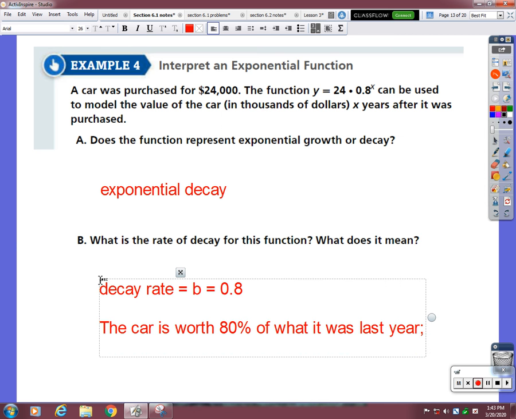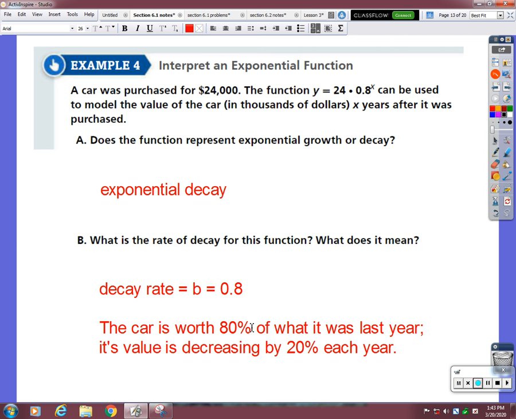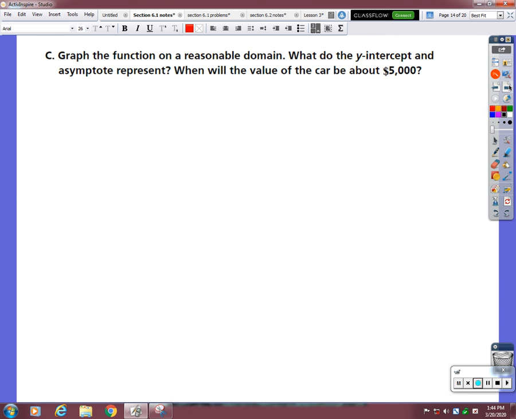And again, another way to think about that is that its value is decreasing by 20% each year. So it's losing 20% of its value, which means to figure out what it's worth, we have to multiply by 0.8. Okay, good stuff.